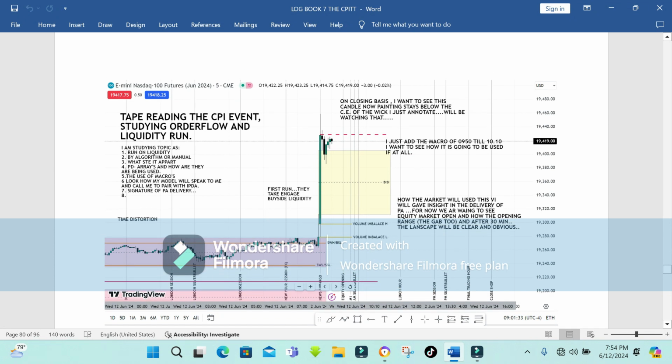These are the things that I was writing as I was tape reading the event, and after the event, tape reading the CPI event, studying order flow and liquidity run. Those are the objectives, the things that I have been looking at.